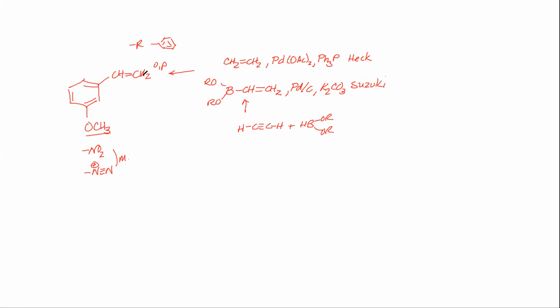And right now I'm just thinking of all the different ways that we know to add this CH double bond CH2. You could also say, once I get that, I'll just go ahead and add my ethyl group, and then I'll brominate it at the benzylic position.